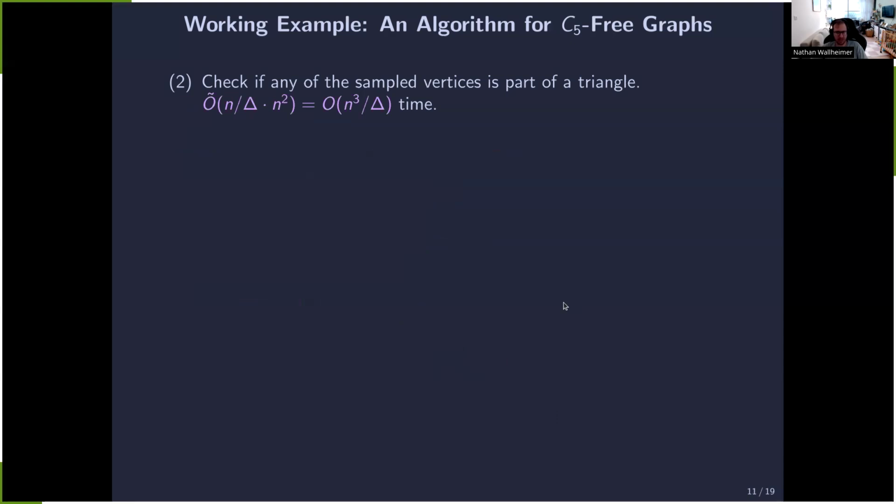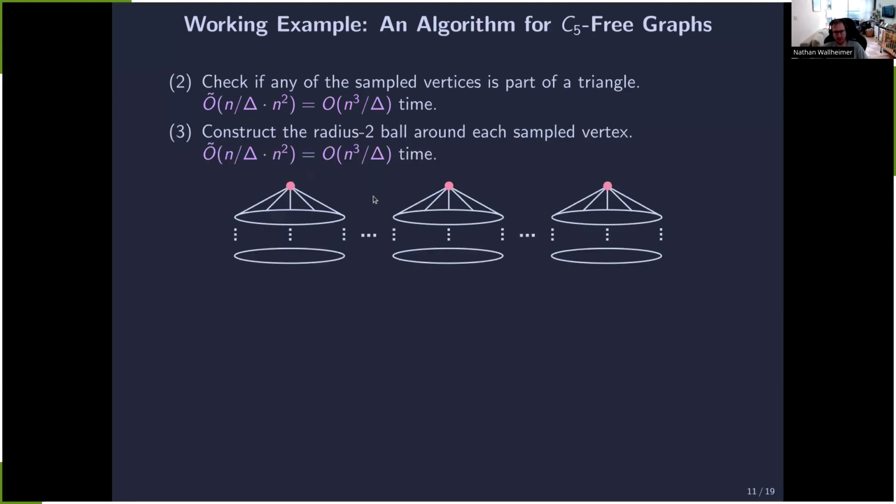It takes n squared time at most per vertex to check if it participates in a triangle, and there are n over delta sampled vertices, so for a total of n cubed over delta. It's subcubic. If none of them participate in a triangle, we continue.